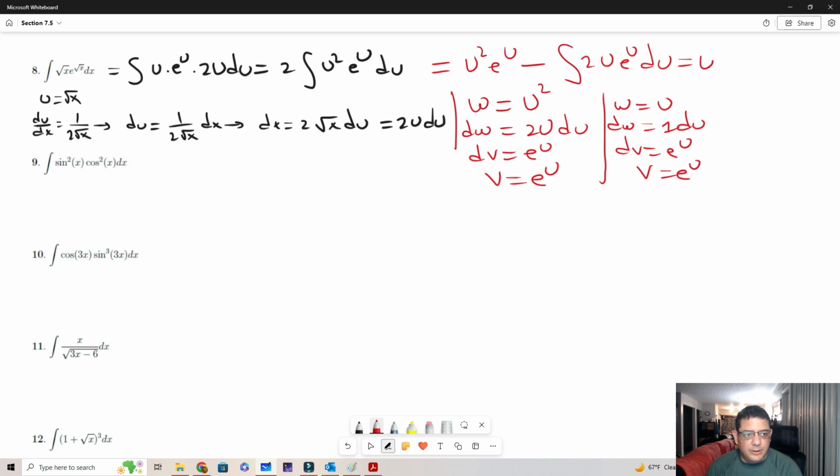So this is u squared e to the u minus, and then u times v, this is u e to the u, minus the integral of v dw, and then v dw will be the integral of e to the u du.